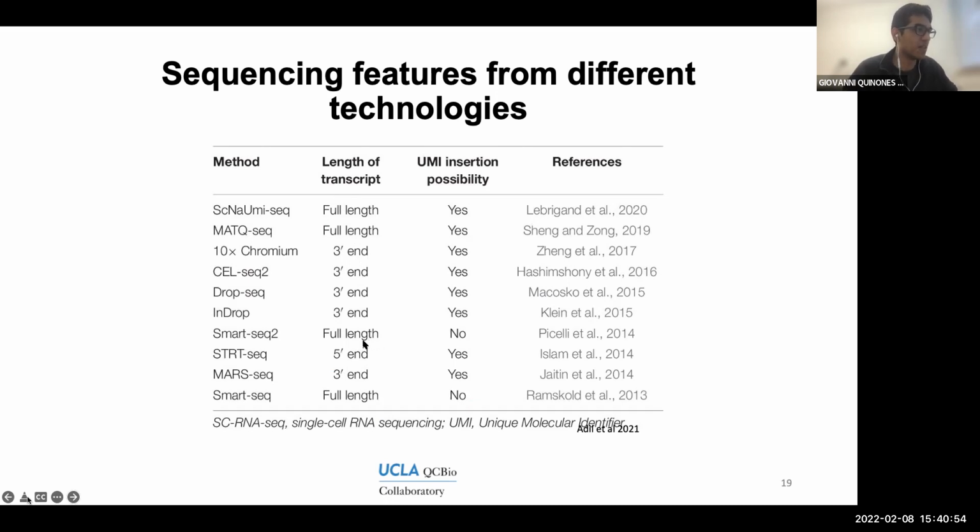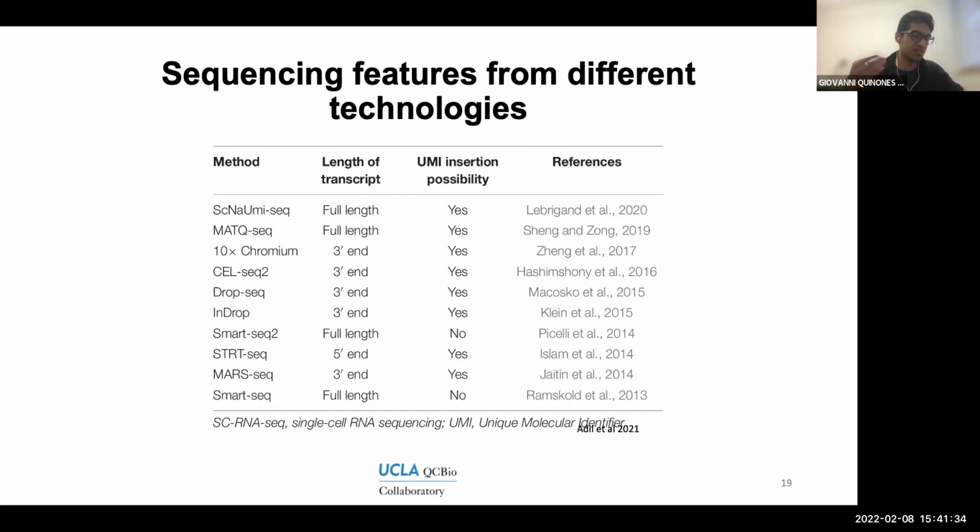Don't you need the full length transcript in order to identify the gene? The short answer is no, because when you sequence one end, you're sequencing sometimes 75, sometimes 100, sometimes even 150 bases of the end of the transcript. And those 75 to 150 bases are long enough in order to identify the gene they came from.